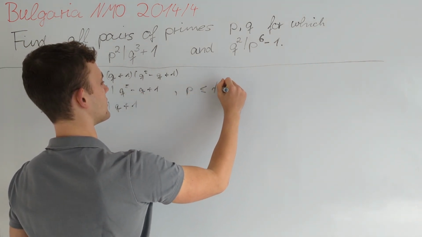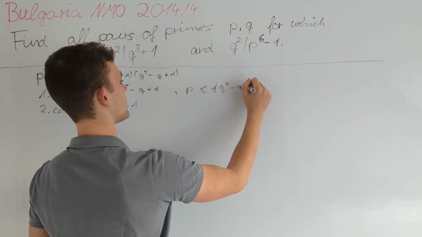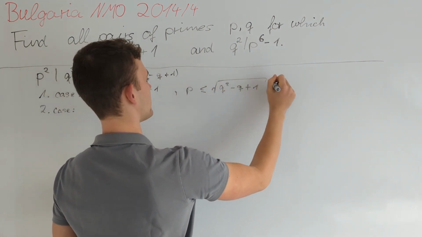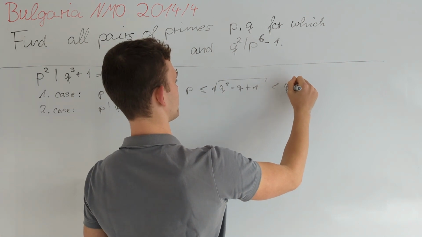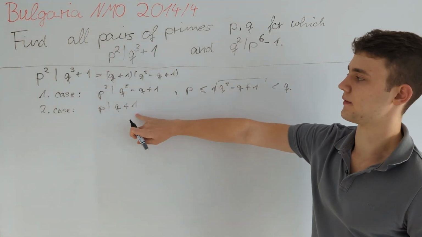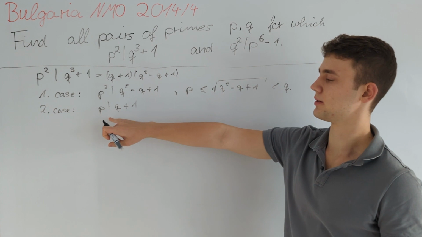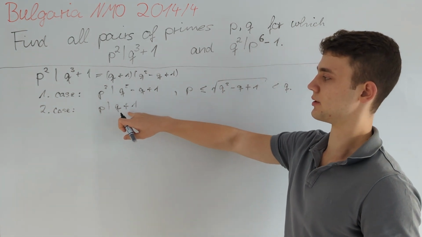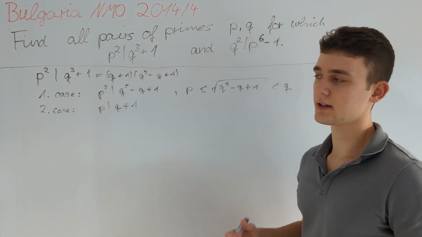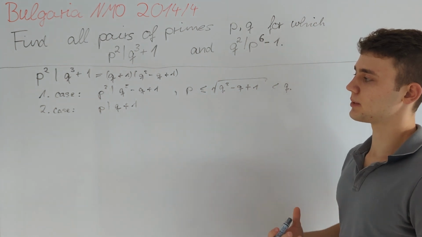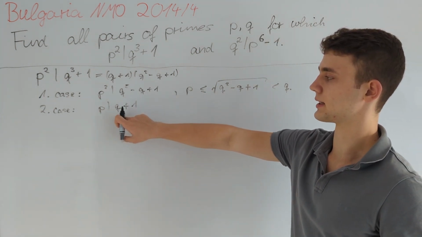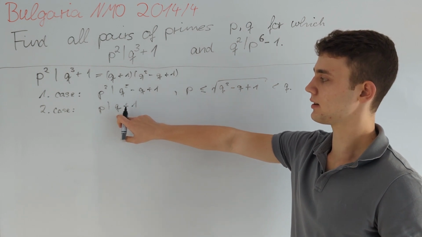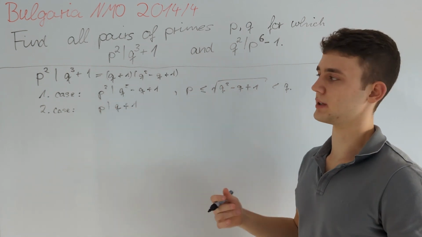So p is less than or equal to the square root of that, which is obviously, for q greater than or equal to 2, less than q. The other case does not immediately give us such a nice bound, because here we only get that p is less than or equal to q plus 1. But we see that here we have more potential, because we know that for most primes, in fact exactly if and only if q is odd, then the right side is going to be even.